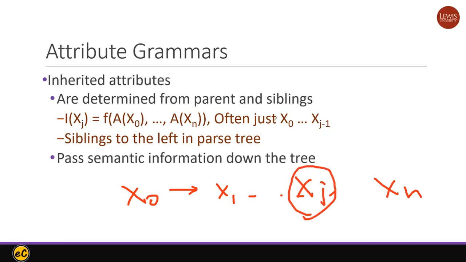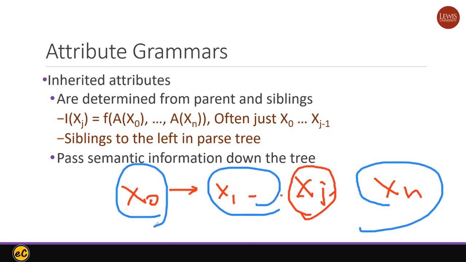So xj's attribute is determined by its siblings and its parent. If an attribute is determined in this way, we call it inherited attribute because it gets the attribute from its parent.